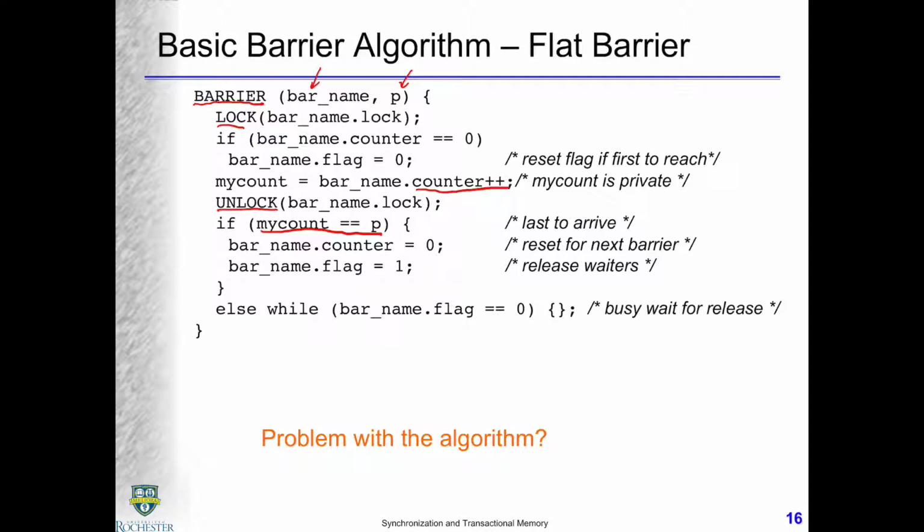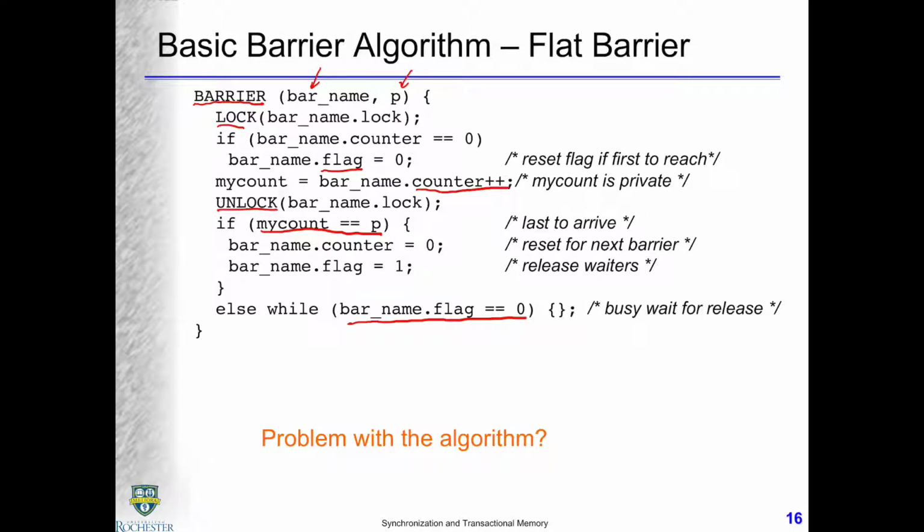If the number of threads hasn't reached the predetermined number, the flag is not going to be 1, and you're going to spin wait until it becomes 1. So if you come in and the total number of threads is not what you expect, this is what you do.